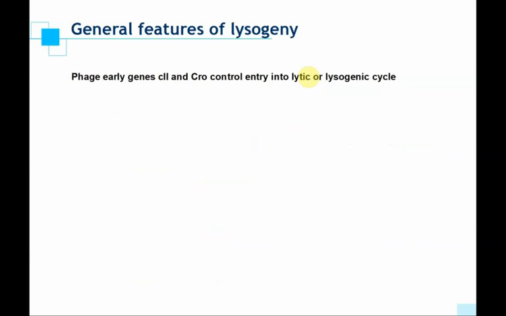Depending on which one is dominant, you get entry into the lytic cycle if you have too much CRO, whereas if you have an excess of C2, then the phage will enter lysogeny. So the main thing is accumulation of C2.